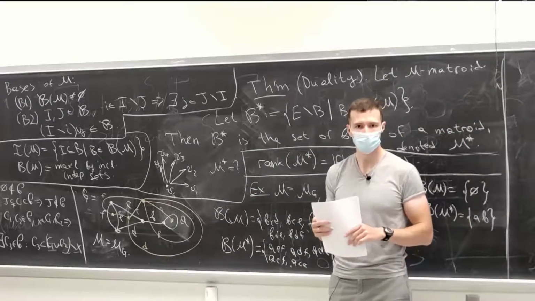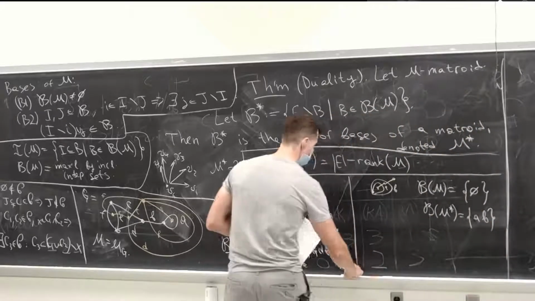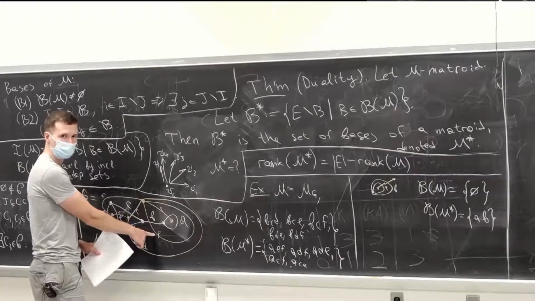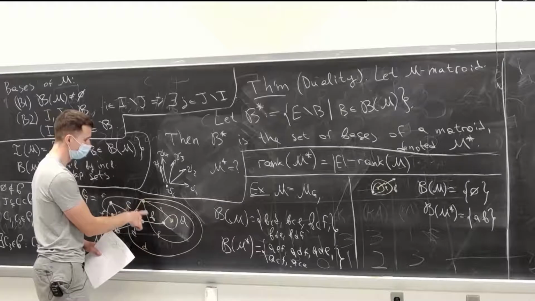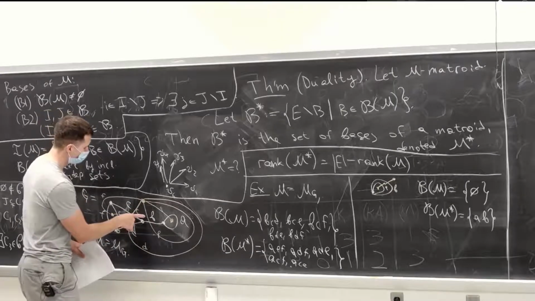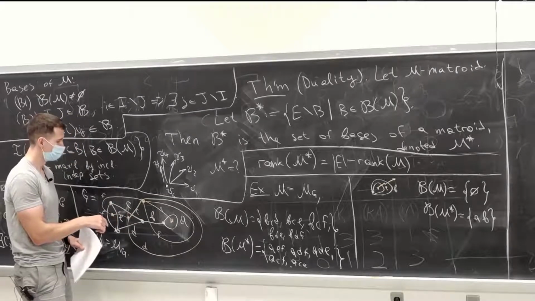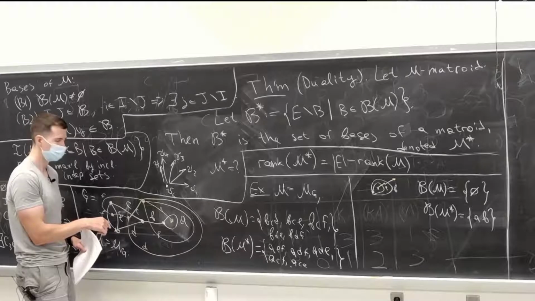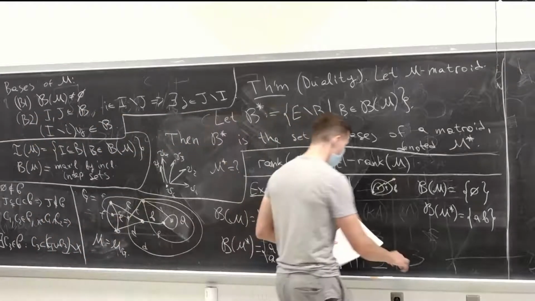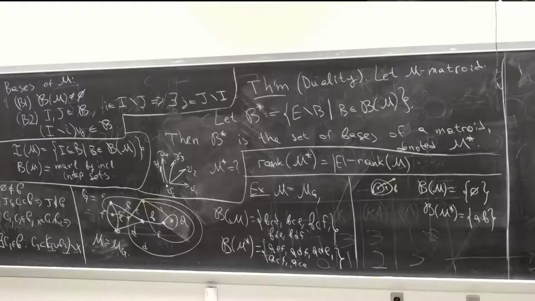Right, the dual. Okay, so B is a loop here, for example.